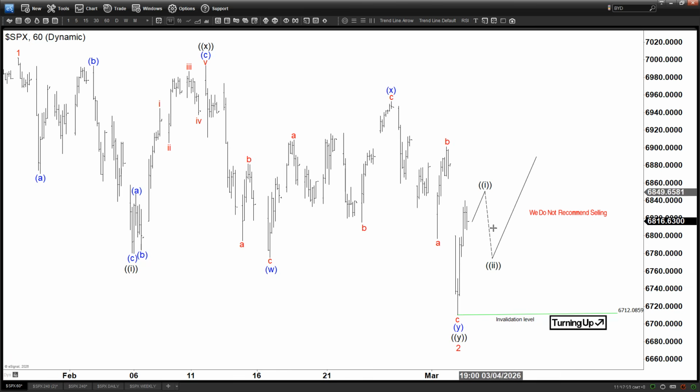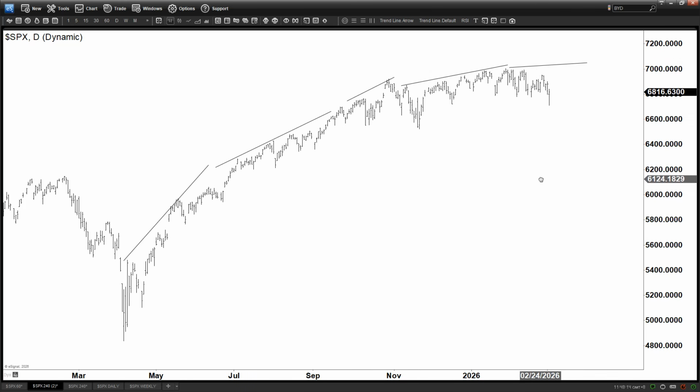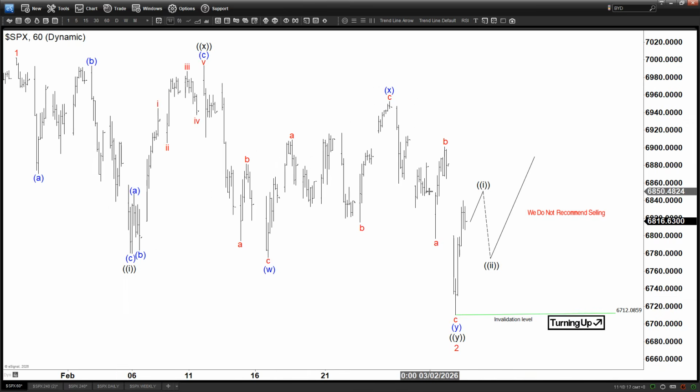So even if we're going to be rallying, and even if we assume we're still going to extend higher, it's not going to be extremely bullish based on what we see here, getting flatter and flatter and forming a rounding top. Okay, so that's the update here for today, guys.